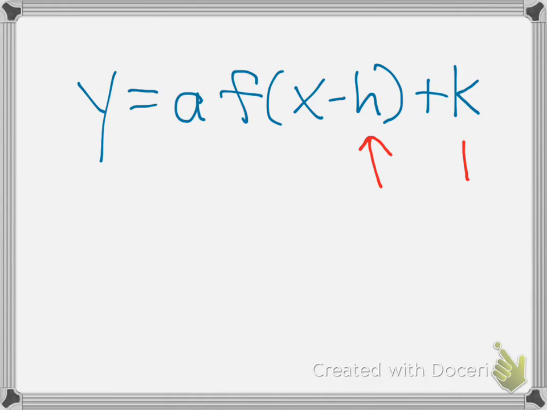We could shift vertically by our factor of k. And then we could also stretch or compress our function by the factor a. And we also said that if a was negative, then that would not just be a stretch or compression, but also a reflection.